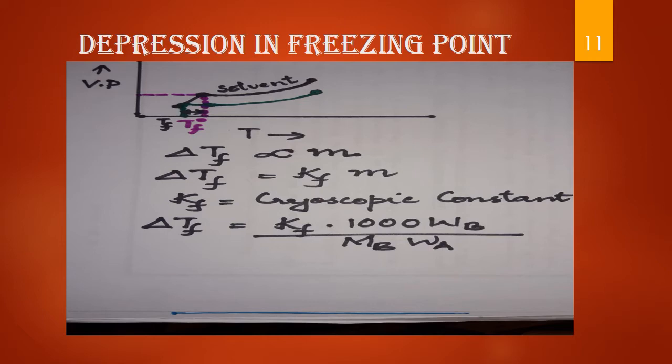Here, Wb denotes the mass of the solute, Mb is the molar mass of the solute, and Wa is the mass of the pure solvent. Here, you find that the depression in freezing point is dependent on the amount of the solute that is dissolved and not on its nature. So, this is an example for a colligative property.